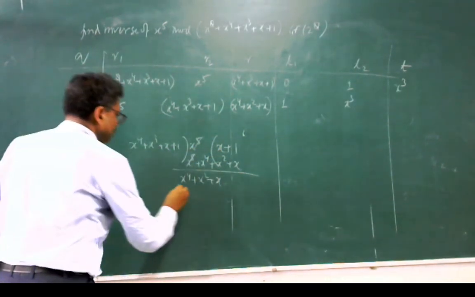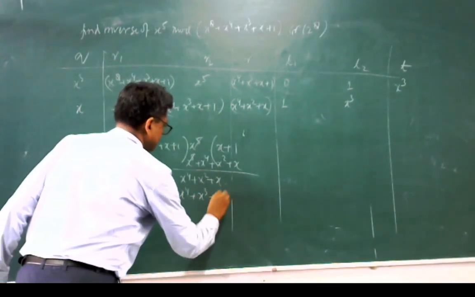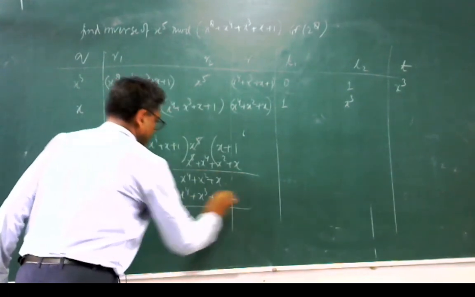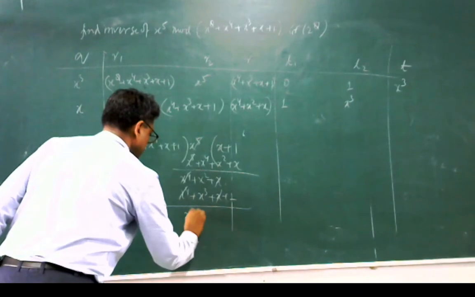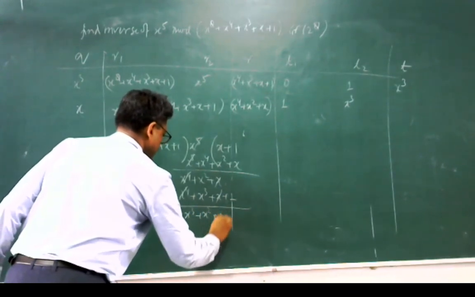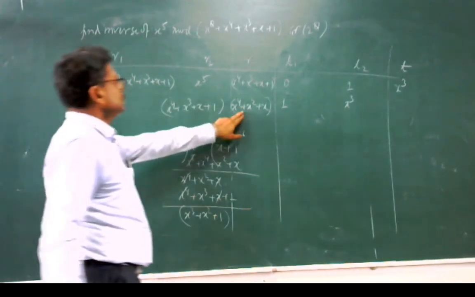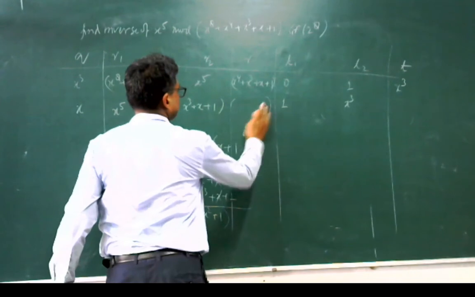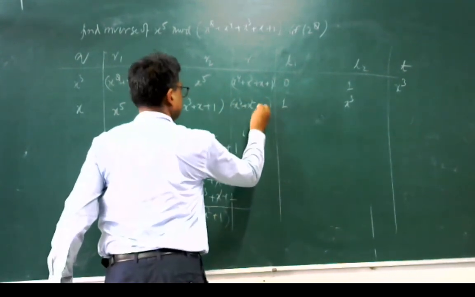If it will go one more time, you will have x to the power 4 plus x cube plus x plus 1. So this will cancel out, x will cancel out, and you will be left with x cube plus x square plus 1. Since the mod value is x to the power 4, this R value cannot be x to the power 4. It has to be reduced. So it will be x cube plus x square plus 1.